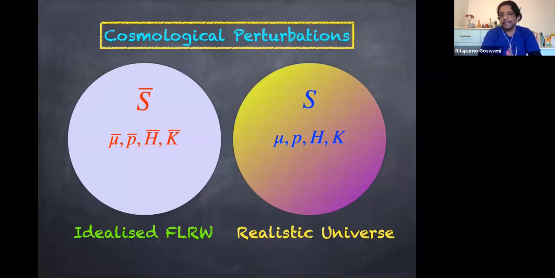So what is our idea? Our idea is that from this idealized universe, there was a small perturbation in density, in the matter, in the gravitational perturbations, whatever, that created a lumpy universe, which is definitely different, but not much different from the idealized universe.